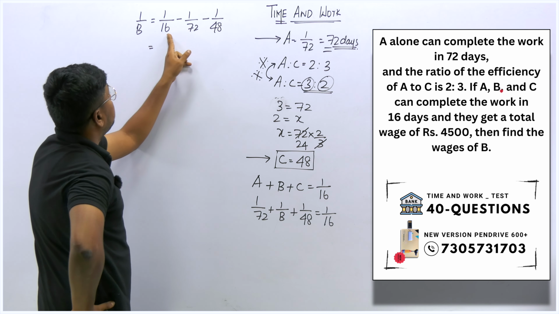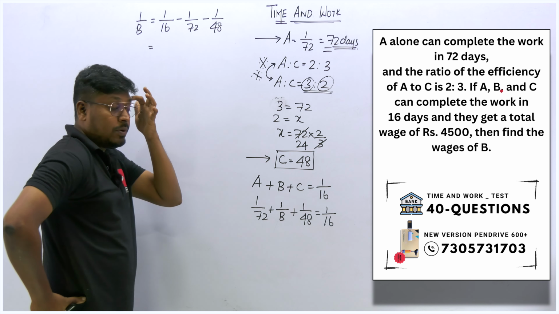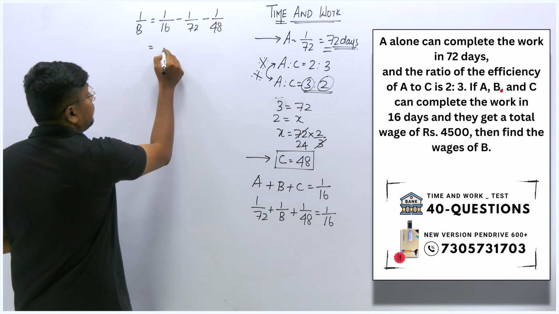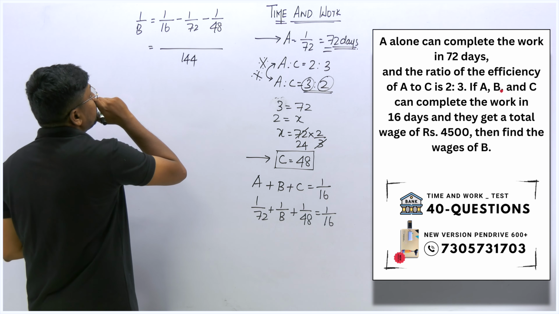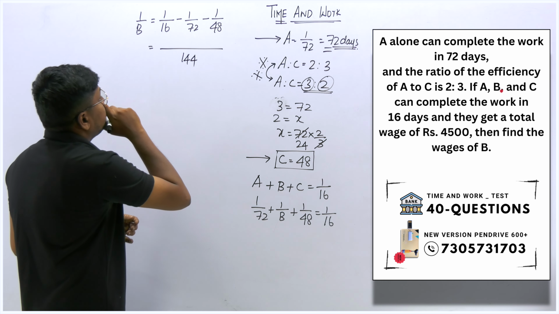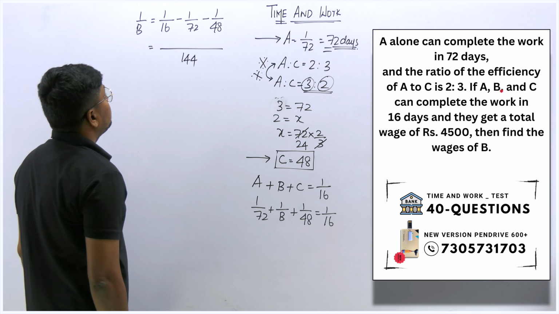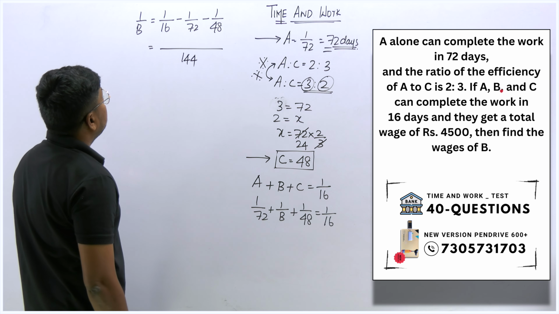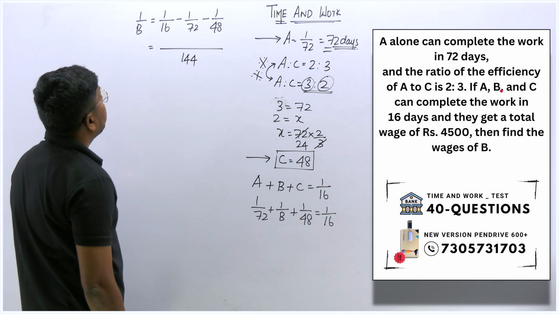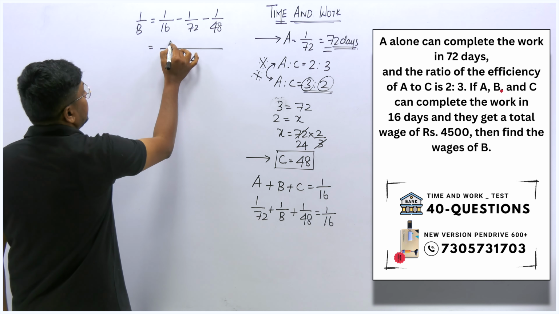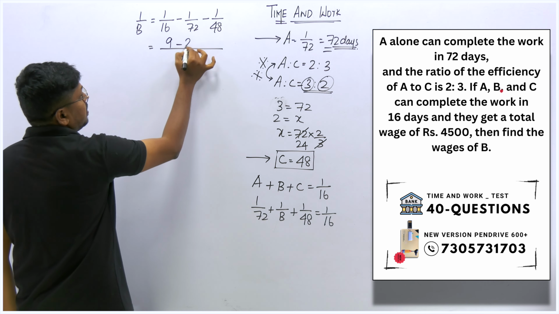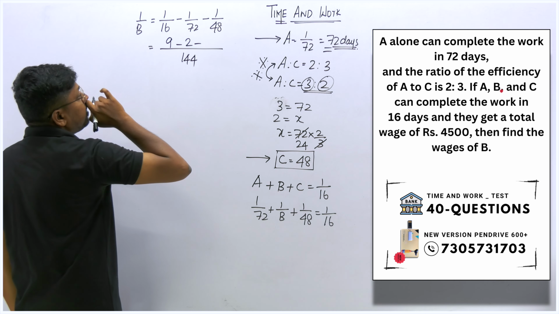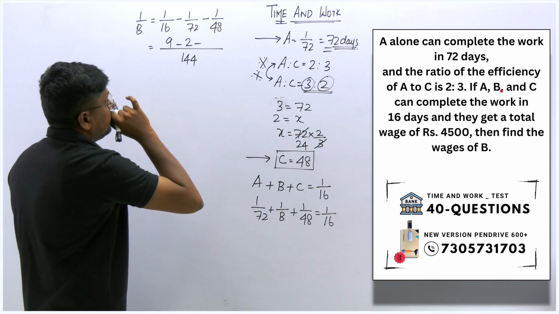72, not possible. 72 into 2 will be 144. Yes, 144 will be the LCM, right? So 144. So the resultant will be 9 times, right? 9 6s are 54, minus this will be 2 times because 72 into 2, and this will be 3 times, right?